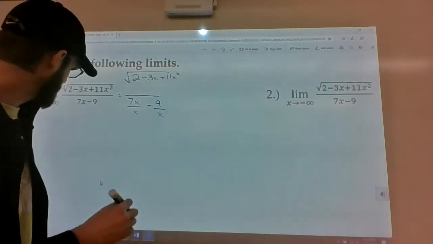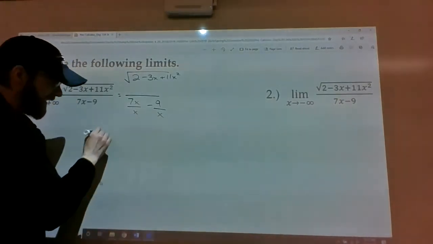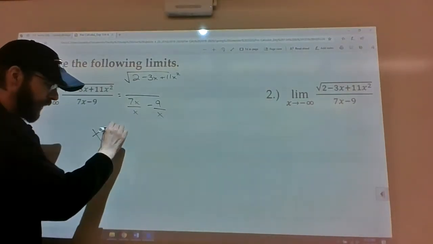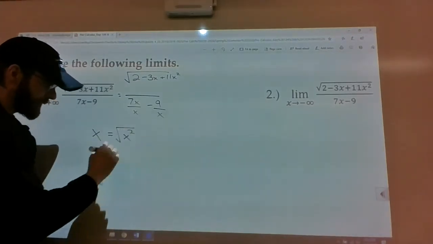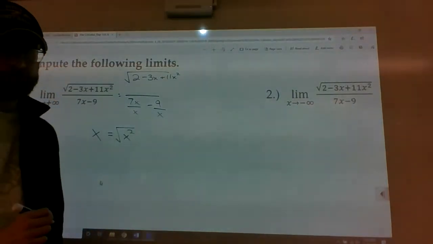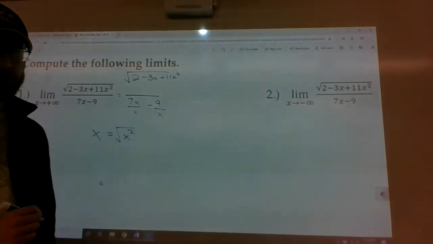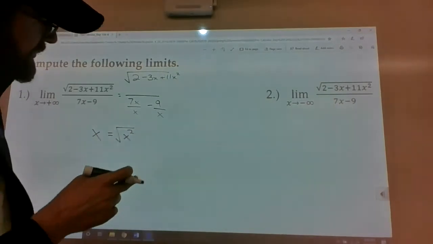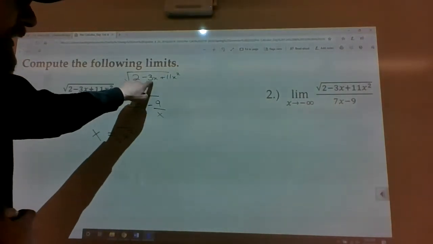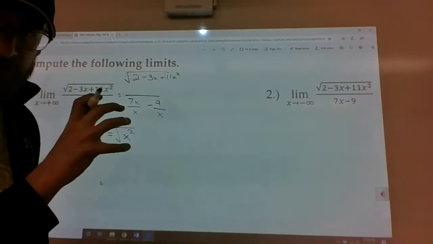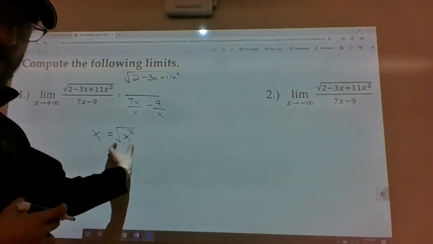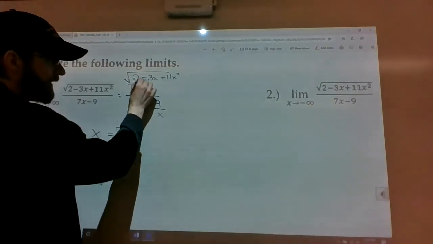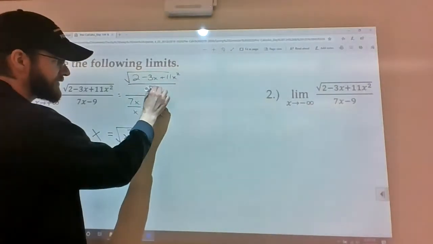Here's how. x is the same as the square root of x squared. So technically, if I divide 2 square roots, then the parts of the original square root can now divide with this part right here. So I'm going to divide the top by root x squared.